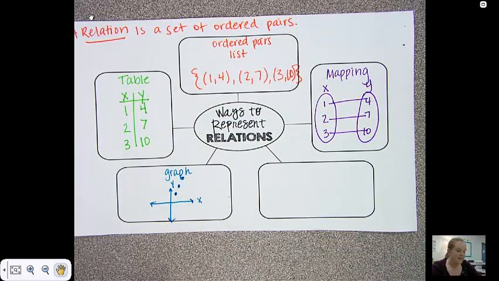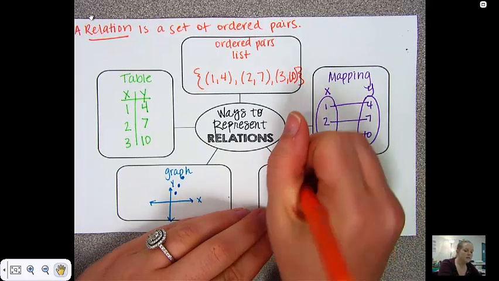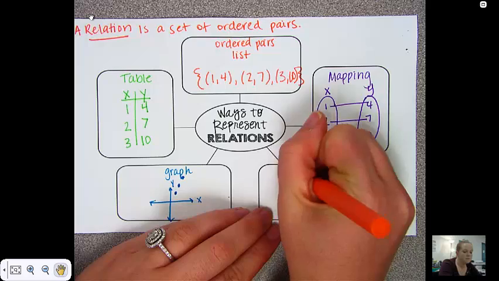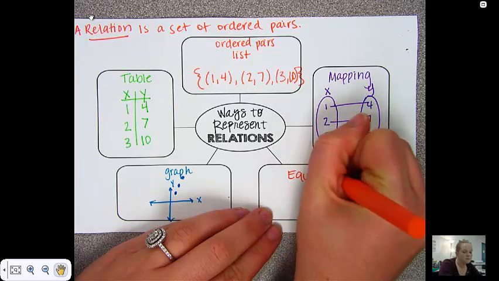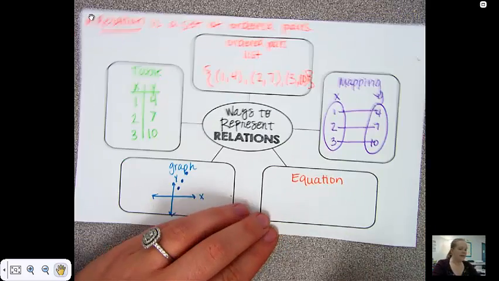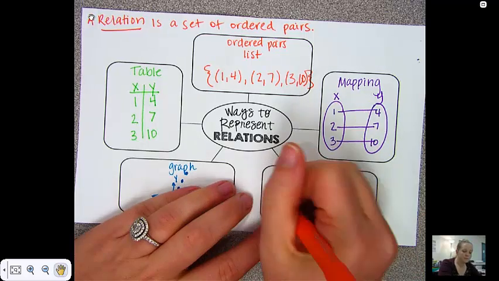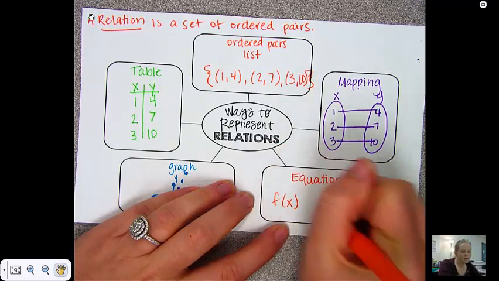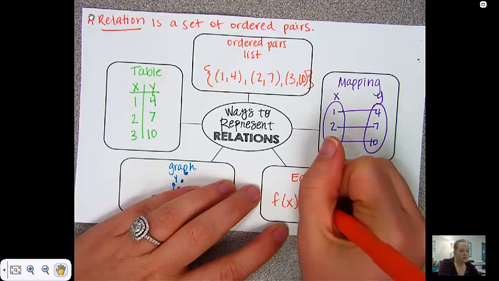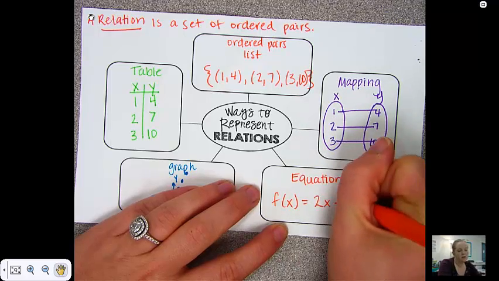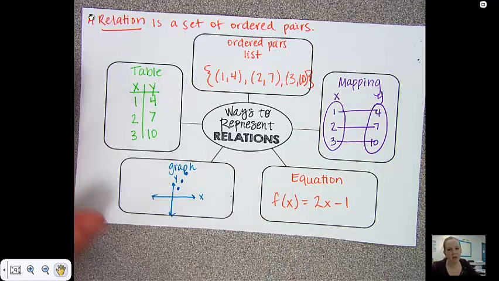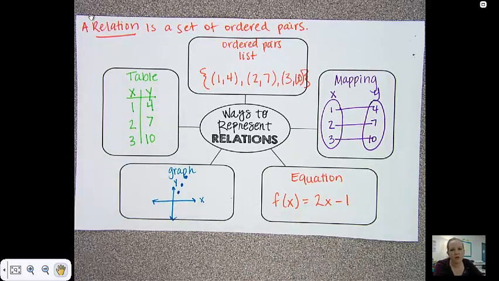All right, and then the last way is with an equation. We would say that f of x equals 2x minus 1. So, a relation is a set of ordered pairs. We have all of these different ways to express the relation between different sets of data.